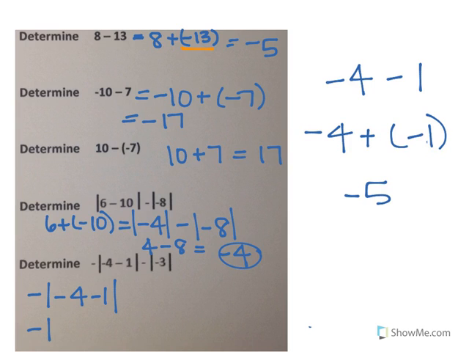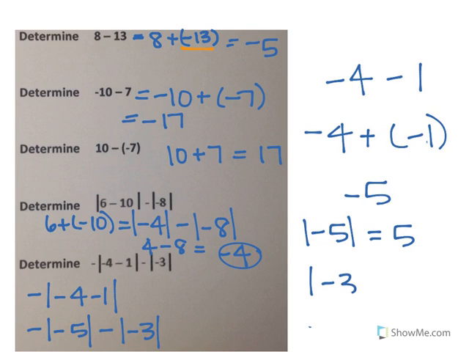So the negative of the absolute value of negative 5 minus the absolute value of negative 3. So I want to go ahead and find the absolute value of negative 5, and that's 5. And I want to find the absolute value of negative 3, which is 3.